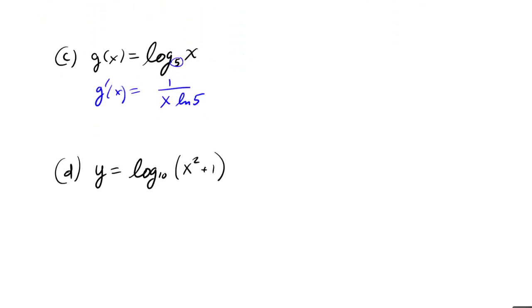And again, now here, if I want to do the derivative of this, it's log base 10 of this thing. So this is going to be my something in the chain rule. Log base 10 of something should be 1 over that something, but then because it's base 10, I need ln of 10, and then because the chain rule says, I have to multiply by the derivative of x squared plus 1.